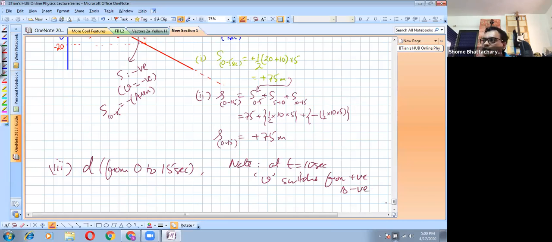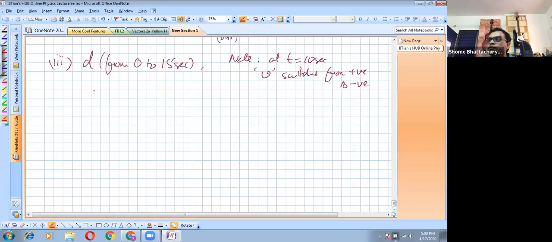So that's where I have to be mindful of the fact that therefore my distance will become displacement from 0 to 10 seconds plus magnitude of displacement from 10 to 15. Because this is a negative displacement. So this one we had seen earlier was 75 plus 25, a trapezium plus triangle. But this one will now become mod of that, minus 25.